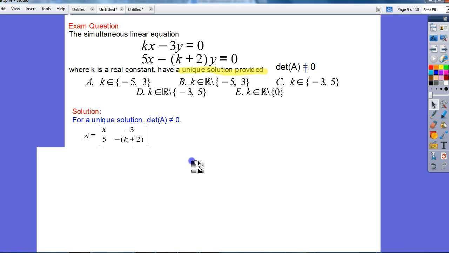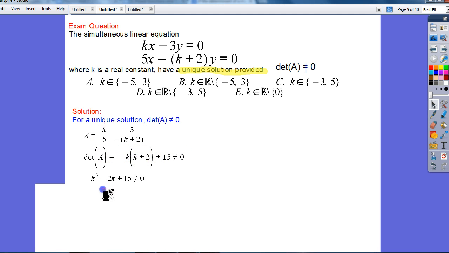So we first set up our coefficient matrix, call it matrix A, taking the coefficients 1, 2, 3, 4, and we work out the determinant of A: A times D minus B times C.